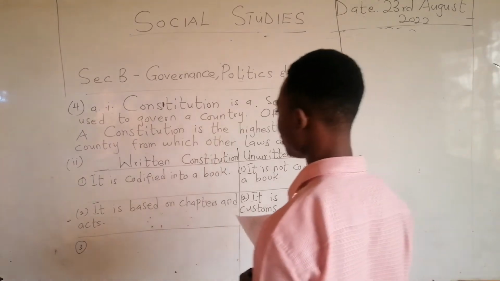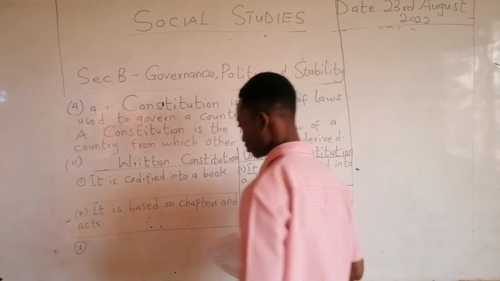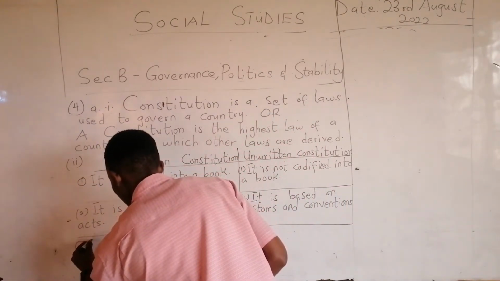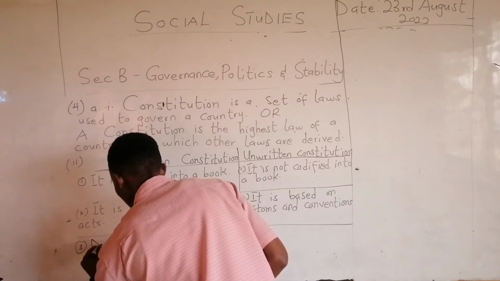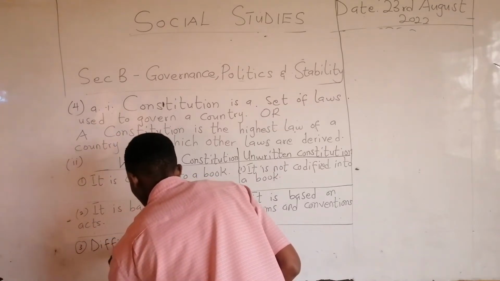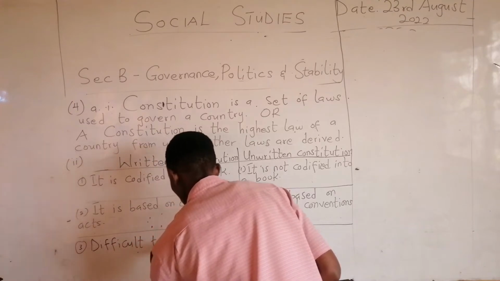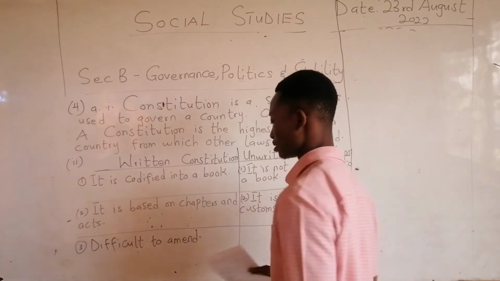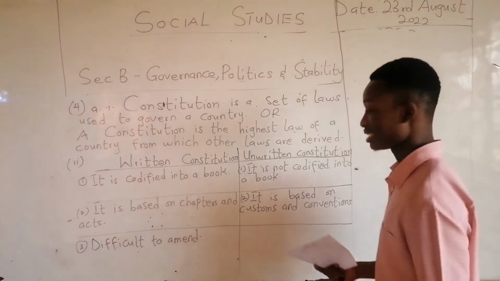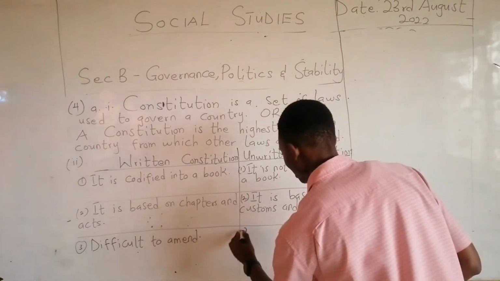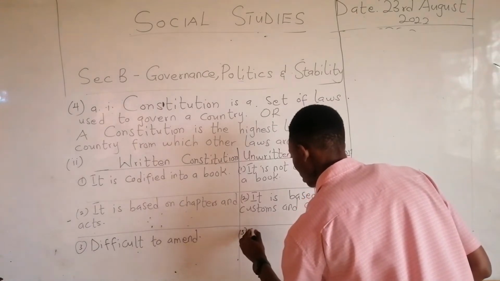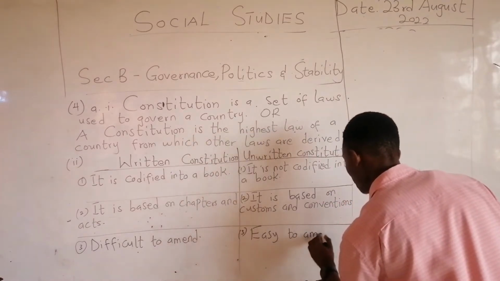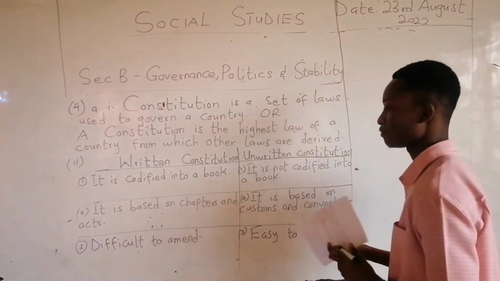With the written, you can say it is difficult to amend, or it is rigid. Then with the unwritten, easy to amend, or flexible.